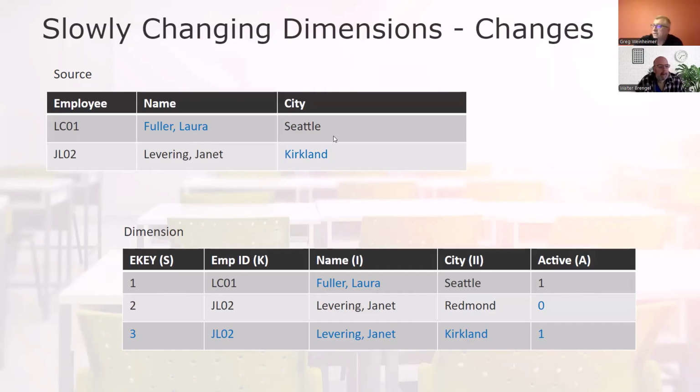Now, in this case, we had city set up as SCD type 2. The city changed from Redmond to Kirkland. We want to keep that history. So what happens is we take the previous record, we change the active flag from 1 to 0, and then we write a whole new record that looks the way the record should now.